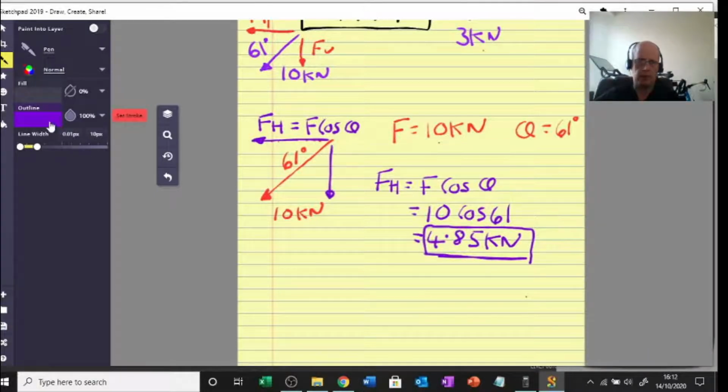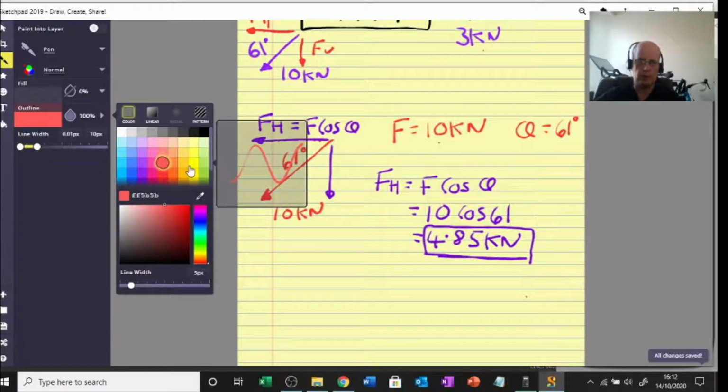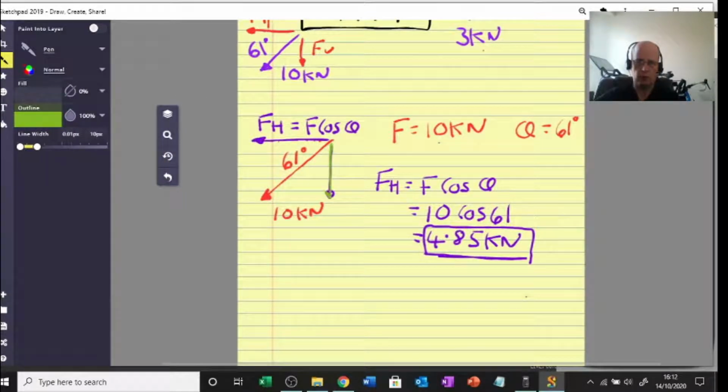And now, obviously, we've also got one that comes down here. I'll do a different color. Let's do a green. Hulk. So this one is going to be the vertical one. FV means vertical. So FV is going to be F sine theta.